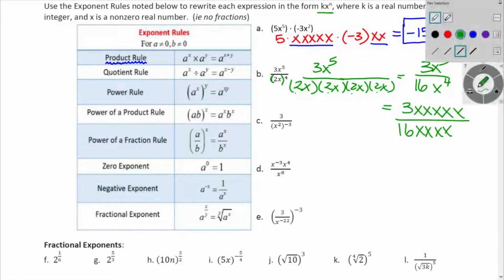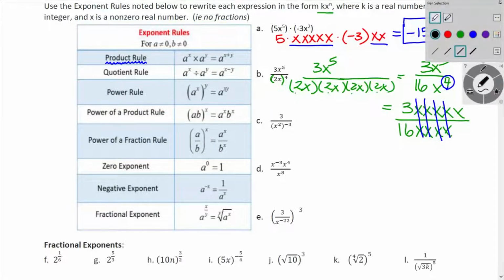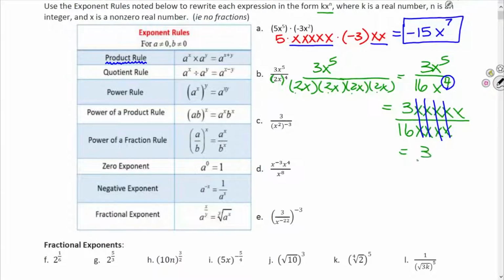And so from here, I can start to cancel off x's, the same number on top and bottom. How many am I canceling off? I'm canceling off 4 of them. So if I cancel 4 of the x's from the 5, how many are left? Well, I have 1 left. I get 3 over 16 times x to the first power.